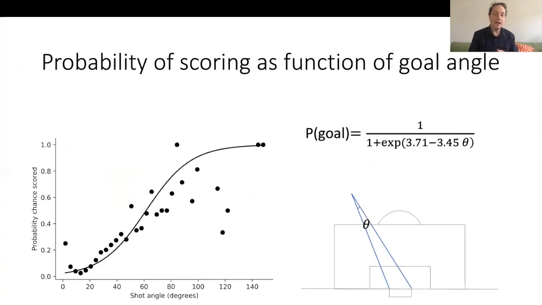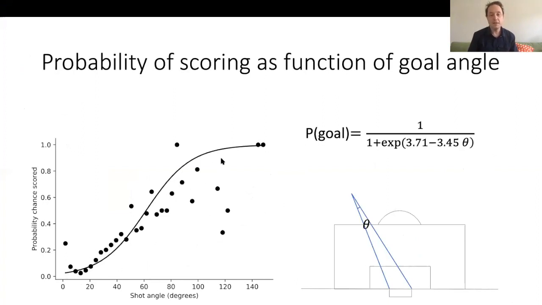Once we have this ground principle that we can predict the probability that a shot is scored based on its angle and its distance, we can use logistic regression to fit all sorts of different models to try and understand what is the best way of predicting a goal. And that is essentially what the expected goals model is. I'll show you some of these fits, but here is the example we looked at with shot angle.